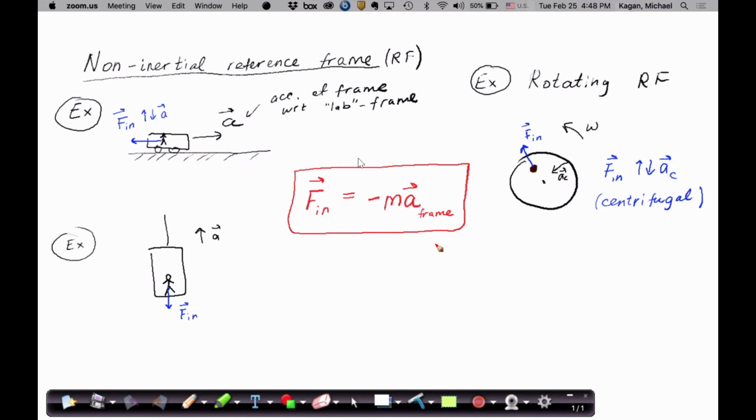It looks very much like gravity. For example, if you take this elevator in outer space, no planets, no stars, no gravity, but then accelerate the elevator up with a specifically chosen to be equal to g, the force of inertia would be precisely equal to the force of gravity as if this person was still on Earth.